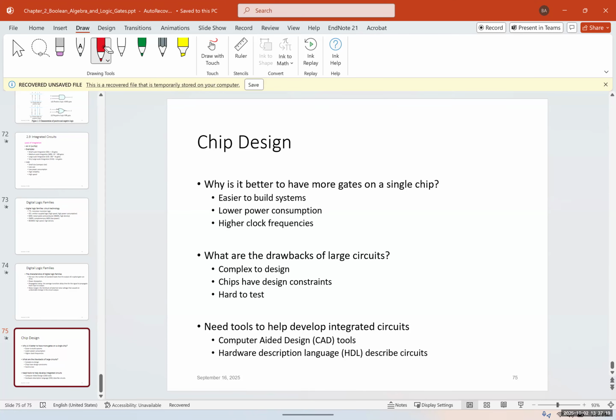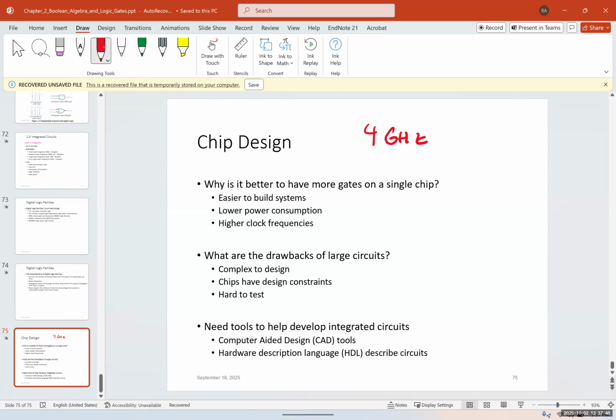For a normal computer nowadays it's 4 gigahertz, which means the clock ticks 4 billion times a second. What are the drawbacks of a large circuit? They are very complex to design. The chips have design constraints, and they are very hard to test. Meaning if one gate goes wrong, you can't test that gate, and the whole chip would not work properly.